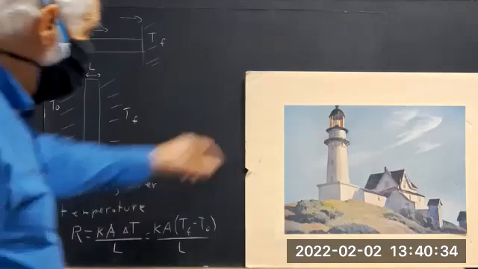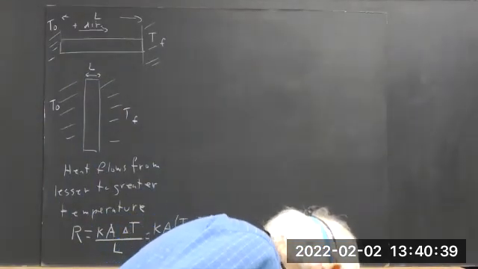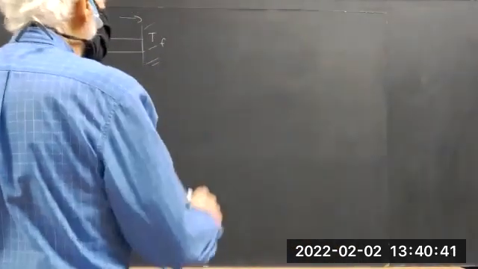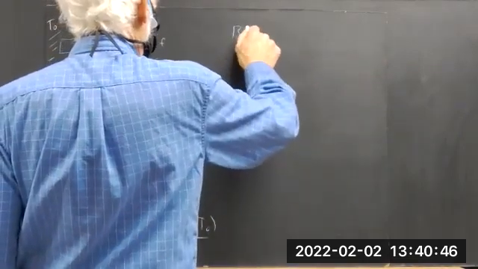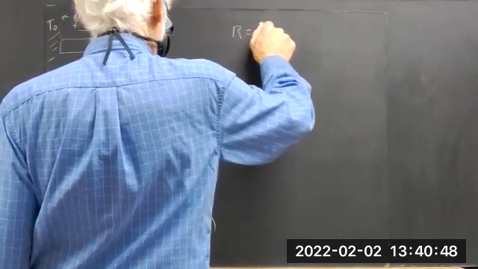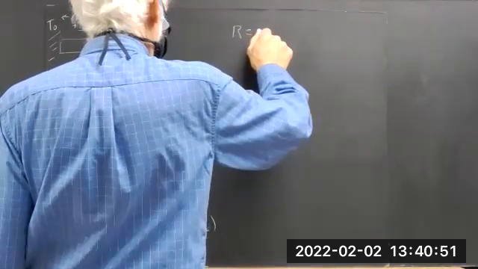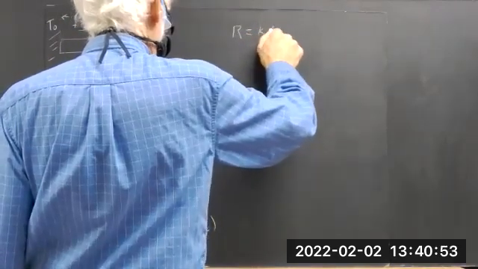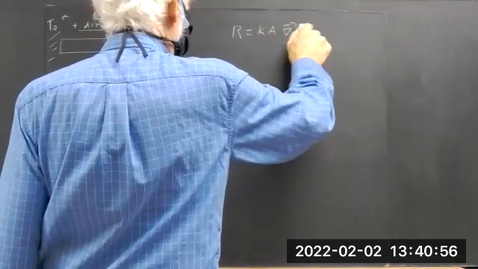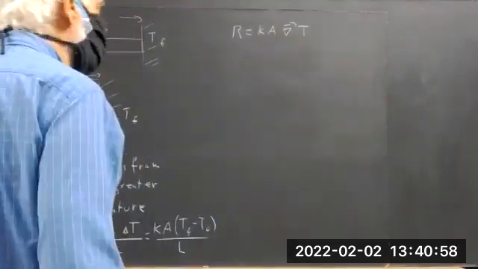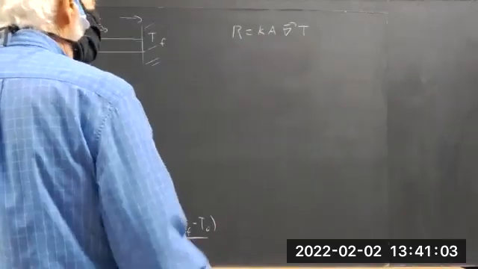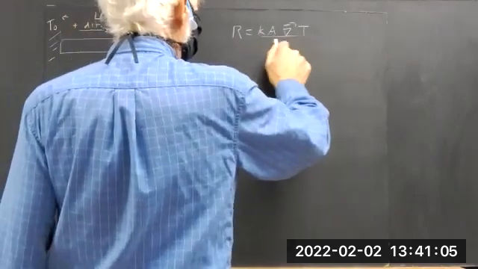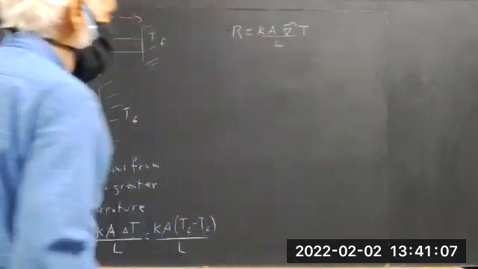Okay, more generally, since we're all masters of multivariable calculus, it's A times the gradient of T over the length.